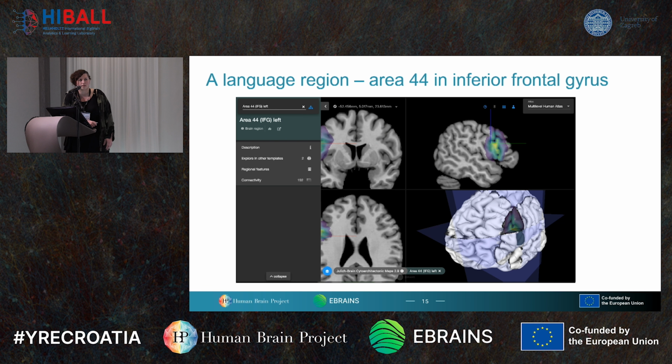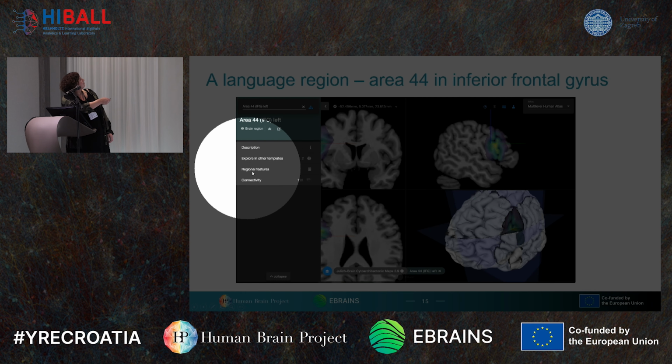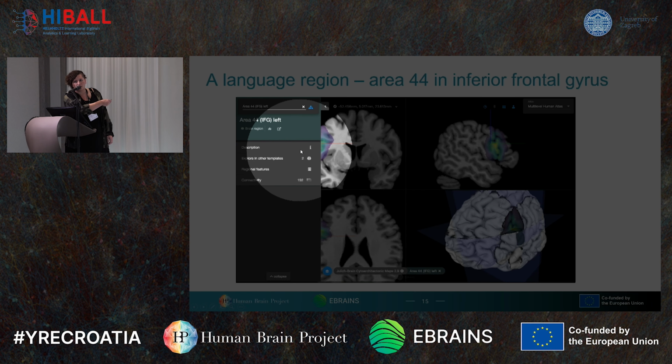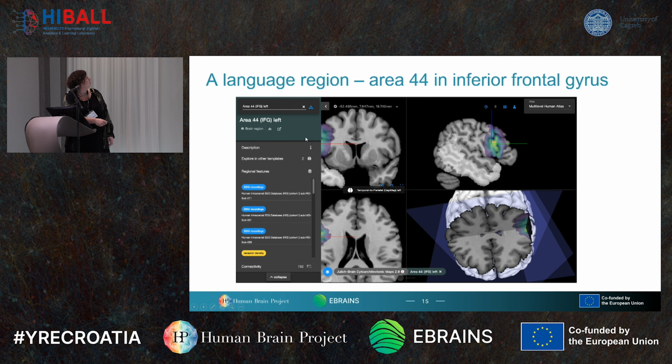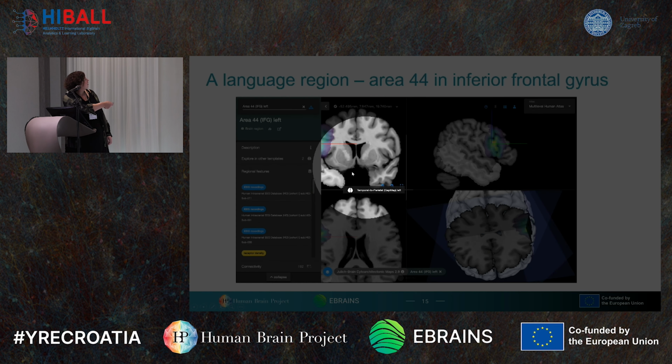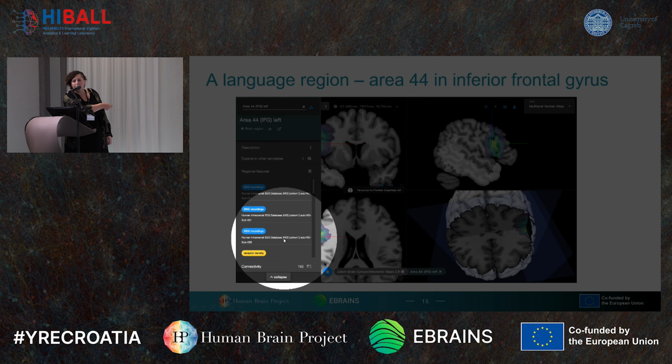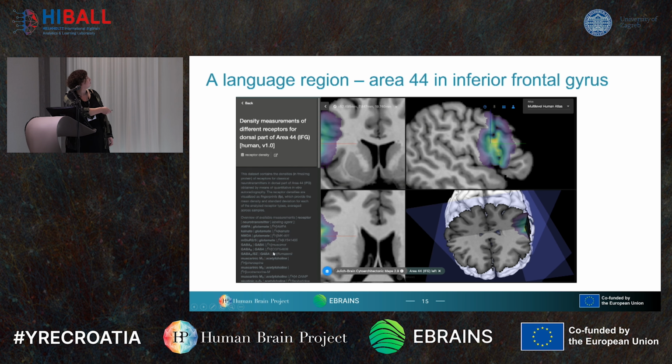So again, this is a screenshot of our interactive Atlas viewer. And now we go to the features of that area. And we see that there are a couple of regional features, and one of them is the receptor densities.